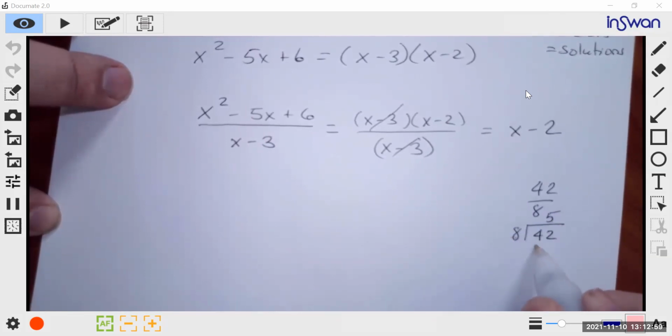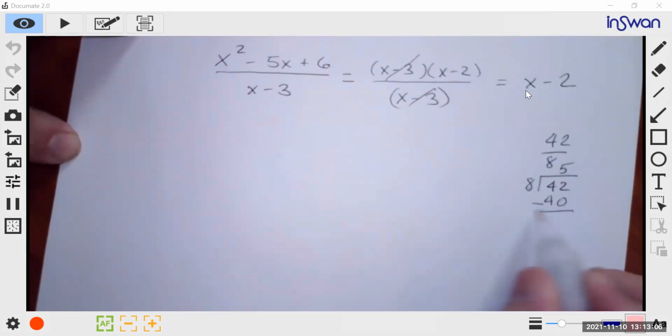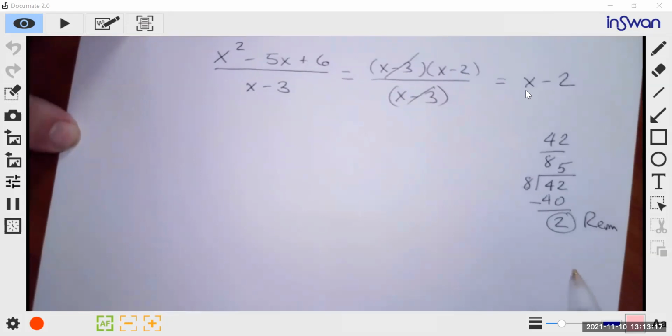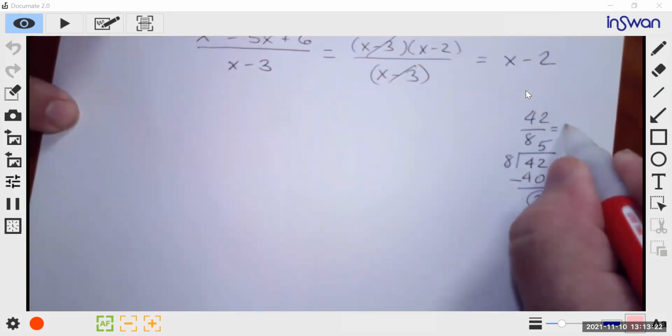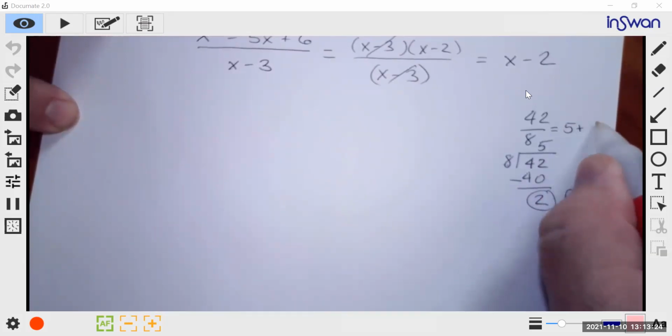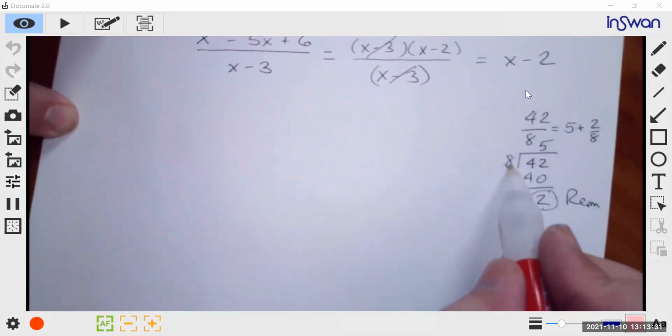And then what do we do? We subtract it. We change the sign. It used to be positive, now we subtract it. 8 does not go into 2, so this is our remainder. The answer really is, for this one, 5 plus 2 over 8. Whatever the remainder is over the denominator.